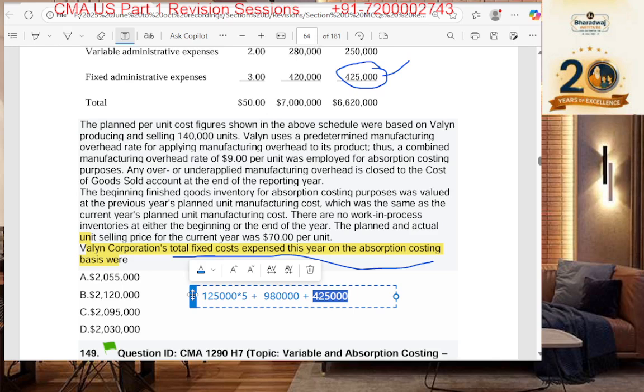What is the total? 1,25,000 into 5, okay, then 20 lakh 30,000.